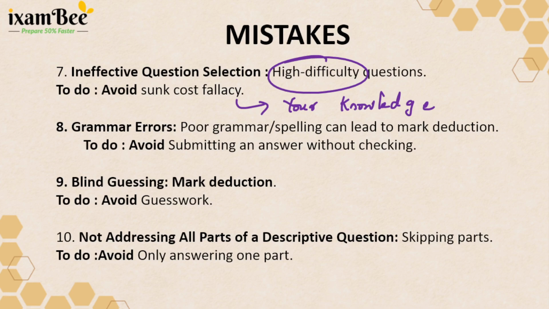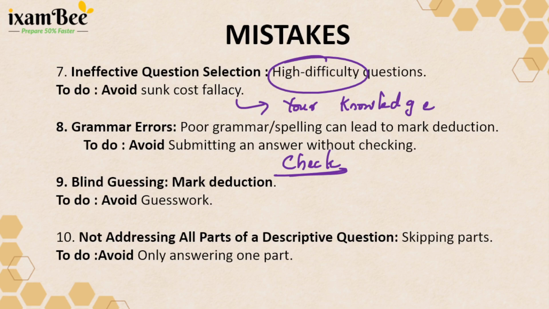Poor grammar or spelling could lead to mark deduction. So, to come out of this, avoid submitting an answer without checking. You should always check your answer after writing it, before submitting it or before giving your answer paper to the concerned party who would be there to collect it.